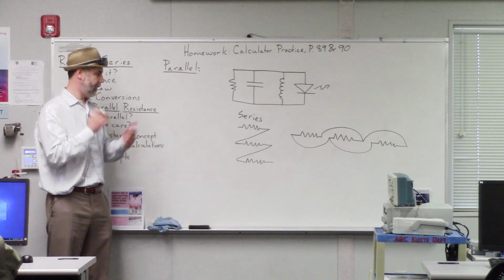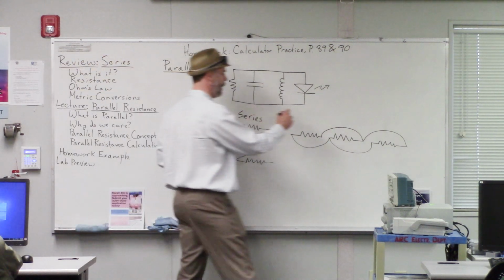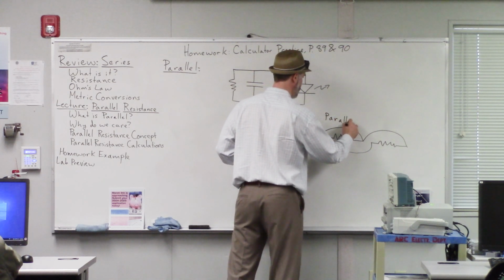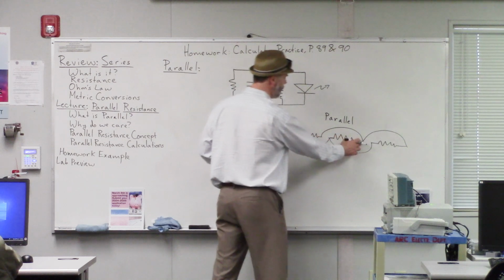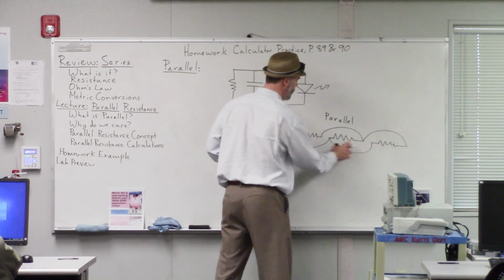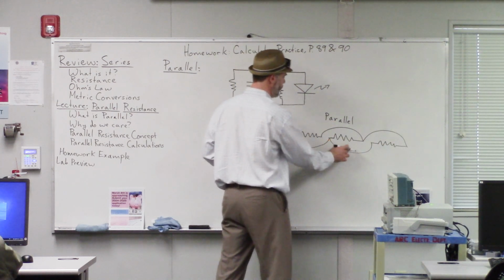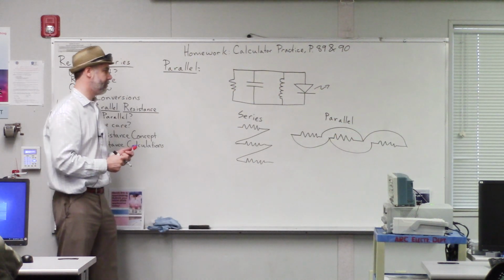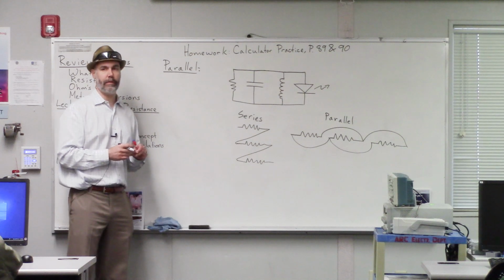Yeah. Those are in parallel. That's right. Because the ends are all connected together, and the beginnings are all connected to each other. Okay? So even though those components are in a line, they're actually in parallel. Okay?